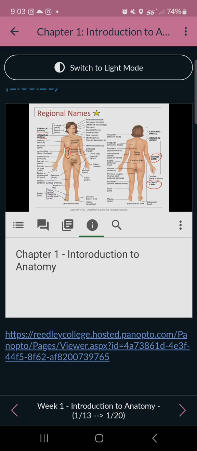So the head is going to consist of the skull and the face. The skull, we call it cranial, and the face, we call it facial. The skull encloses and protects the brain.